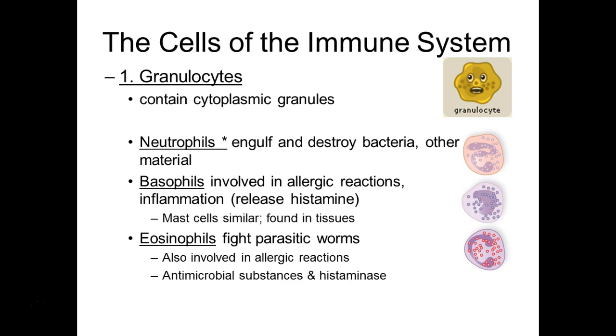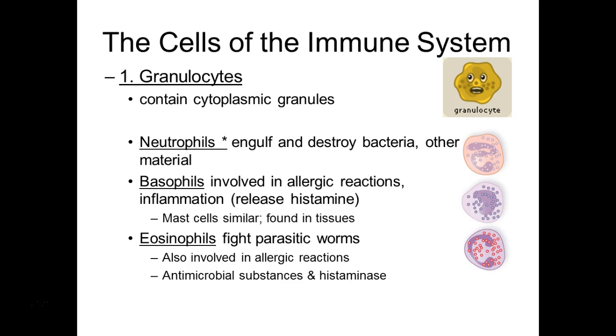So what does that tell you about these granules, which are basically just vacuoles like lysosomes? Especially in the case of a neutrophil, it's probably lysosomes, right? So digestive enzymes, so they can do phagocytosis. But basophils and eosinophils, they stain different colors.